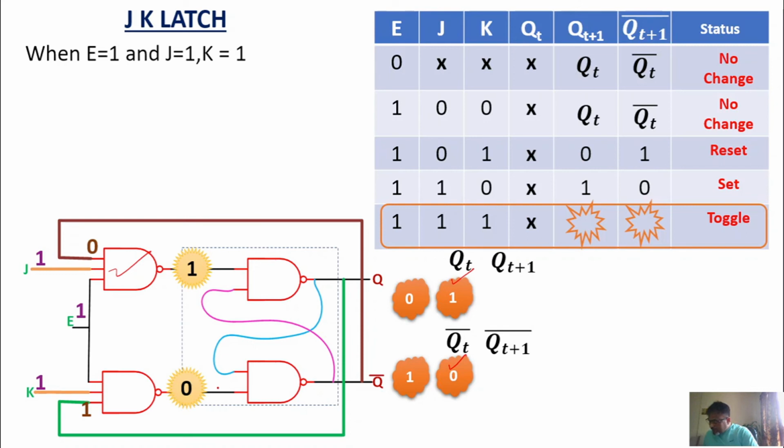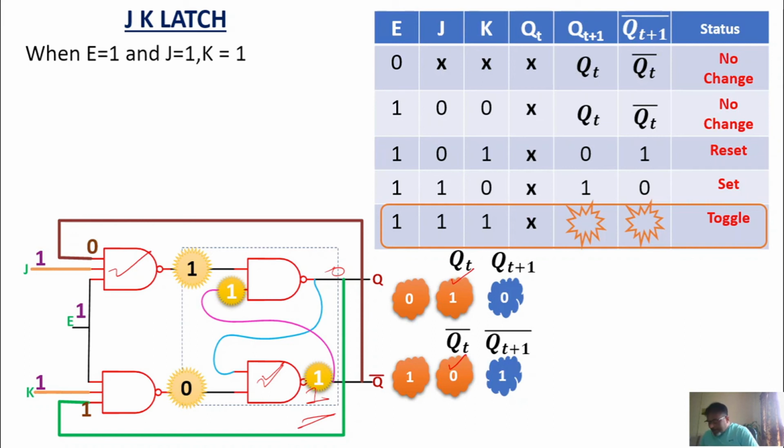Similarly, this gate output will be 1 irrespective of what the input here is, because one of the inputs is 0, and this 1 will be propagated here, and what you get here is 0, right? So you get Qt+1 as 0 and Qt+1 bar here, anyway, it is 1.